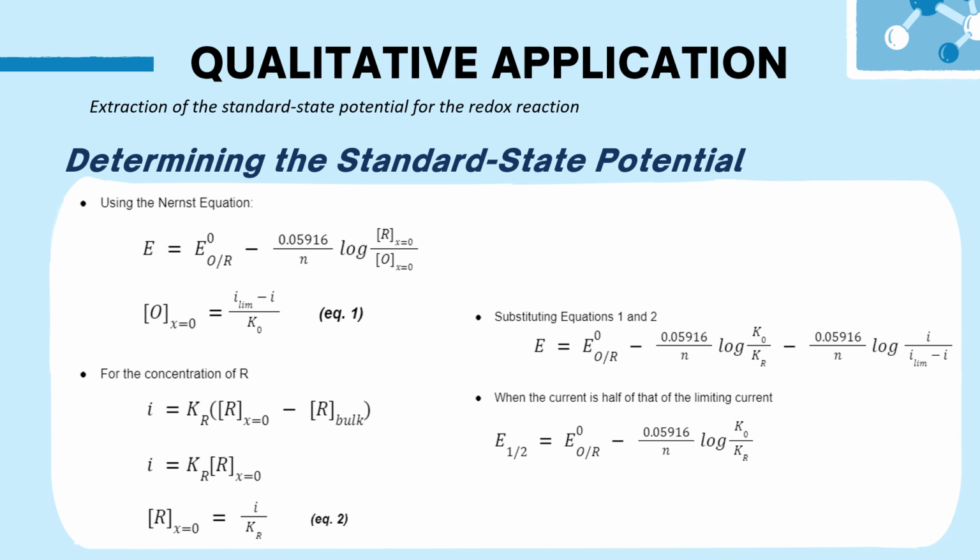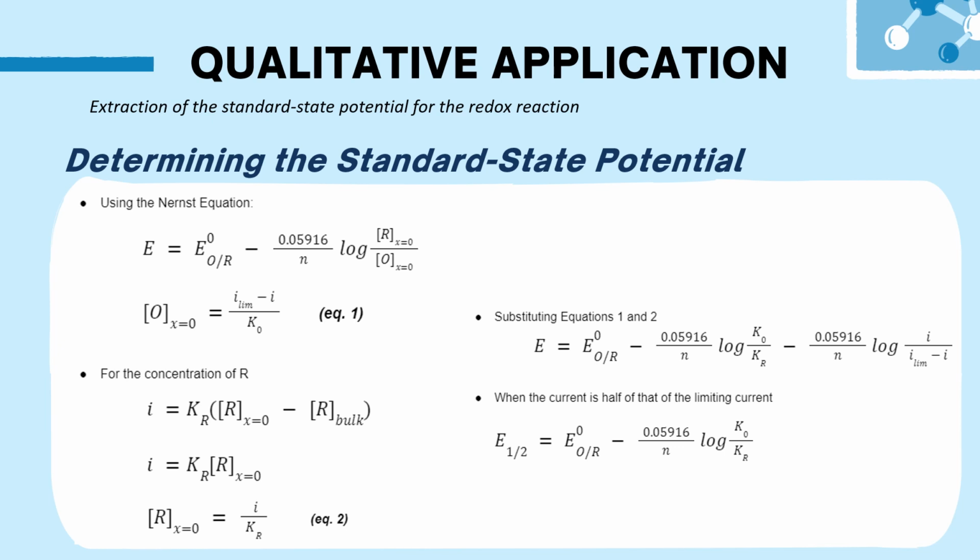To extract the standard state potential or formal potential, we will still assume the same redox reaction at the working electrode, given by the formula O plus Ne minus equals R. To extract the standard state potential, we need to rewrite the Nernst equation in terms of current instead of concentration of O and R, which we can use to get the formula for the concentration of O, which is equal to limiting current minus current all over K sub O. This will be our equation 1.